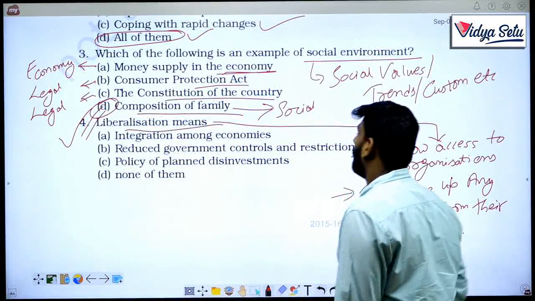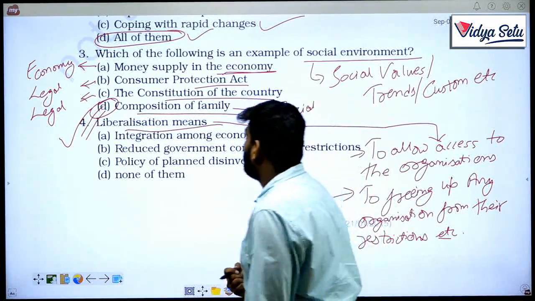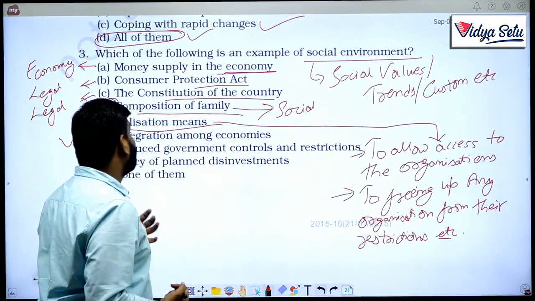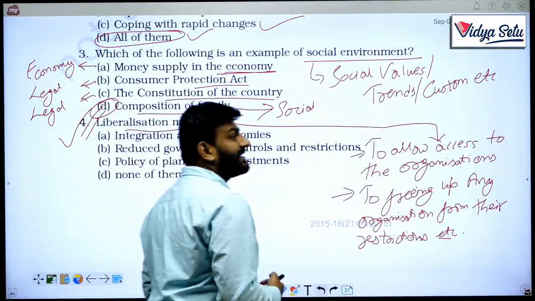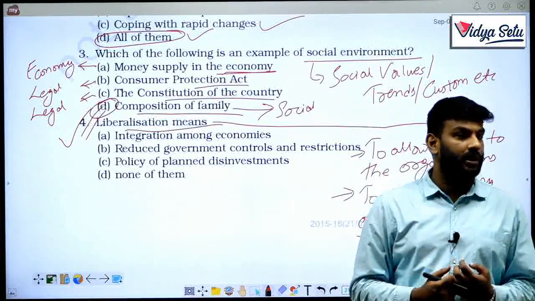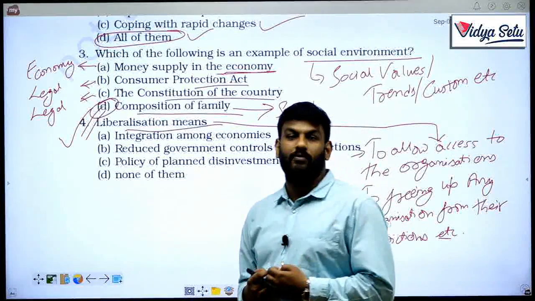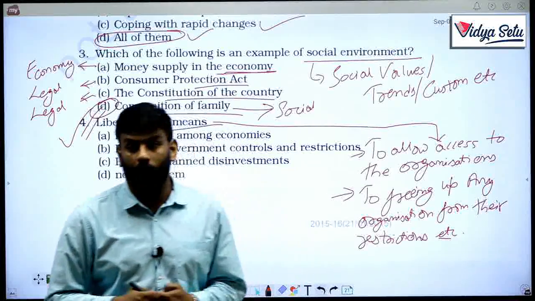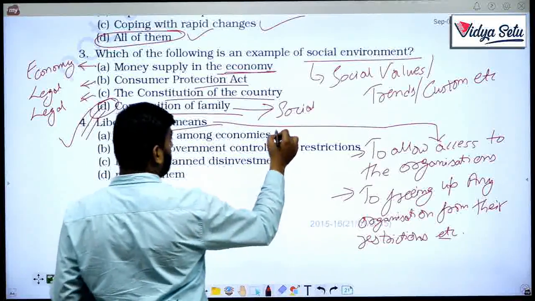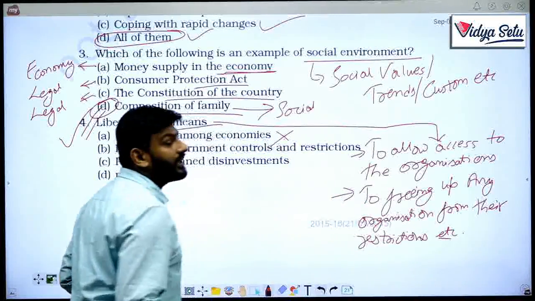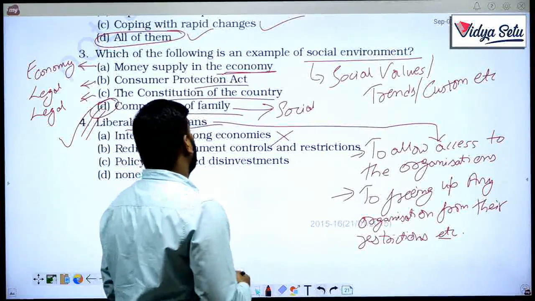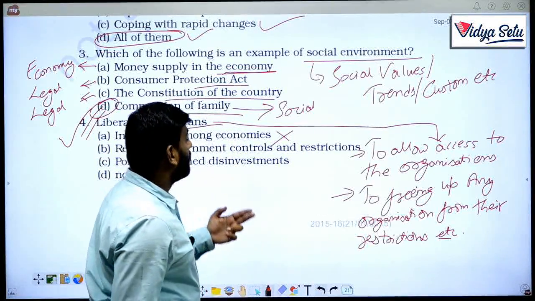So let's check all this kind of stuff, which is the best option for us. First is integration among economies. Is liberalization integration among economies, merging of economies, I must say, or does it only deal with the economy? No, my dear friends. It deals with freeing up or giving them access. Reduce government controls and restrictions.